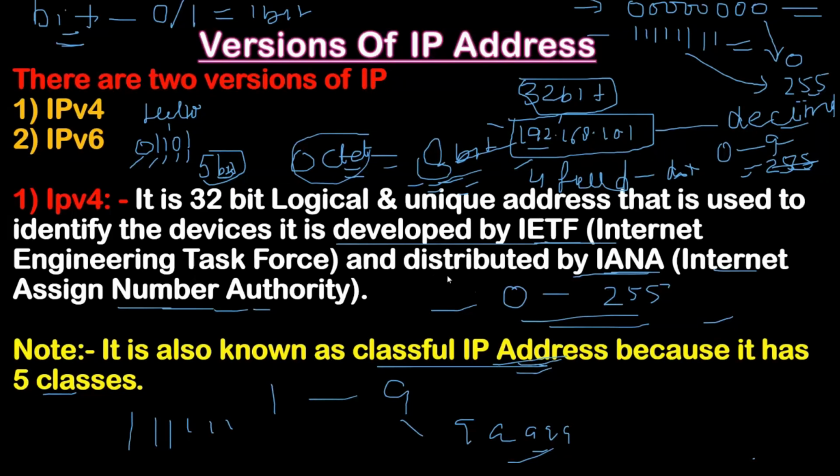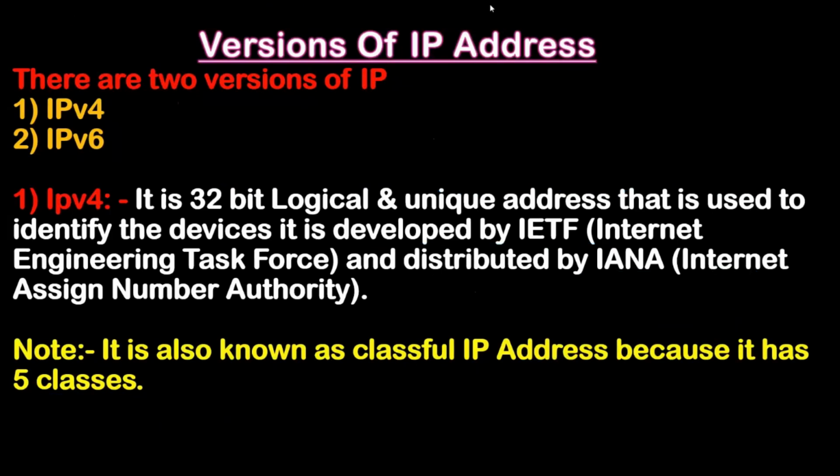Okay, can anyone tell me those 5 classes? IANA divided 5 classes: A, B, C, D, and E. Okay, can anyone tell me the range of those IP addresses?